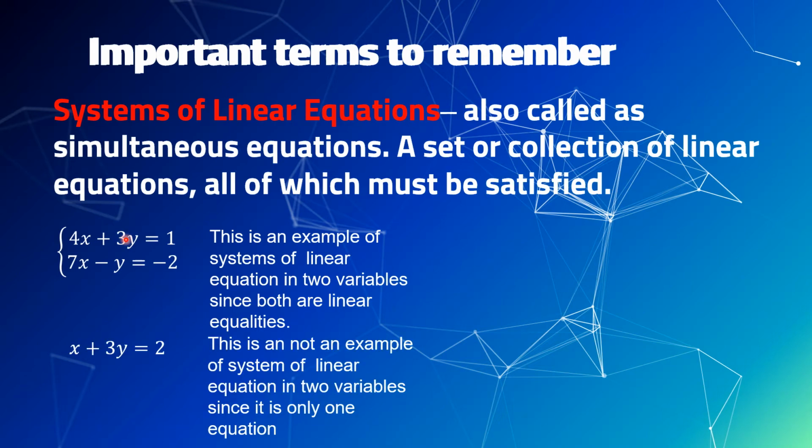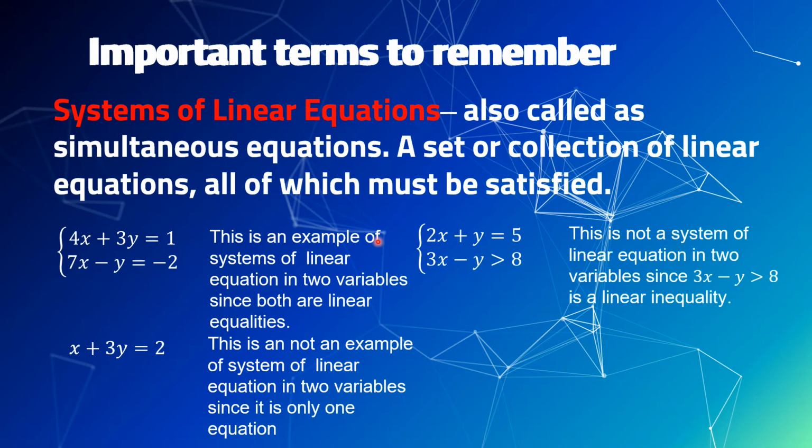This is not an example of a system of linear equations in two variables since it is only one equation. When we say system, it should be a set or collection of linear equations. It should not be alone. It should not be only one. The next one is also not a system of linear equations in two variables, though it contains two variables. However, the second one, 3x minus y is greater than 8, is not an equation.